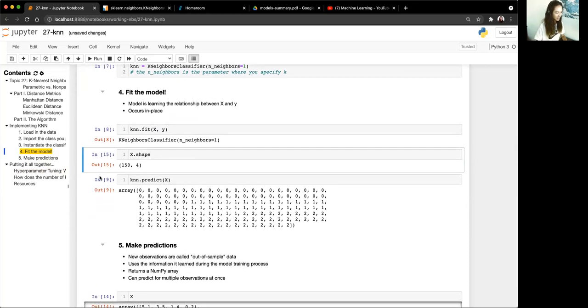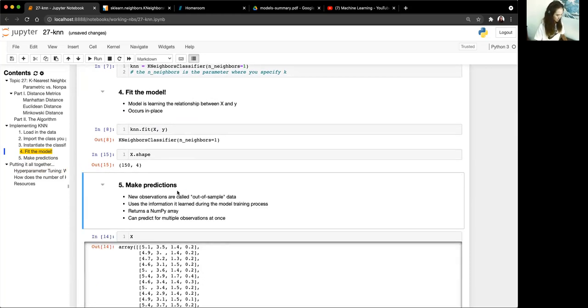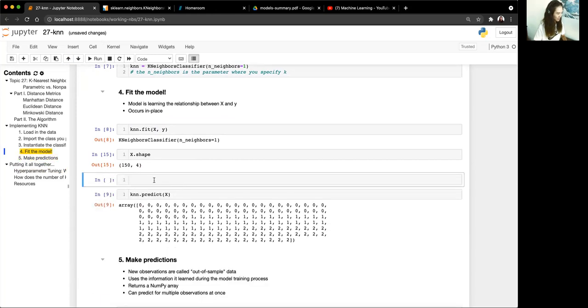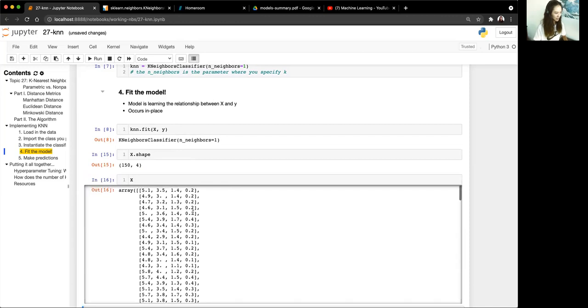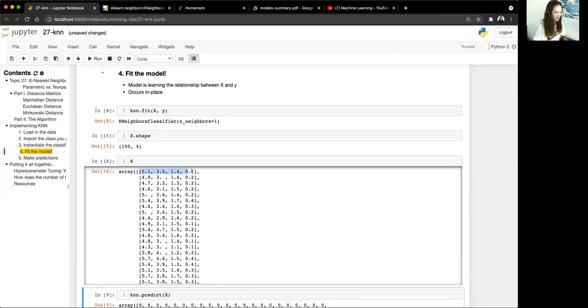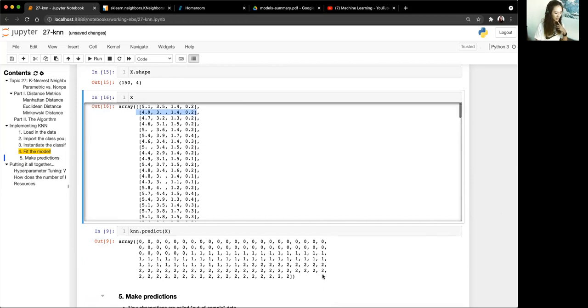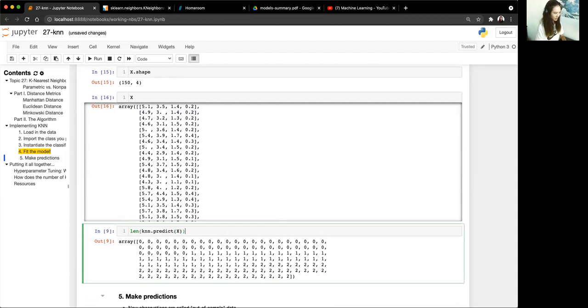So if you do dot predict on X, what it's going to do is take each of these as a test data point and run it through the algorithm that it learned from the train set. Therefore, when we do dot predict on X, we should end up with 150 data points here.